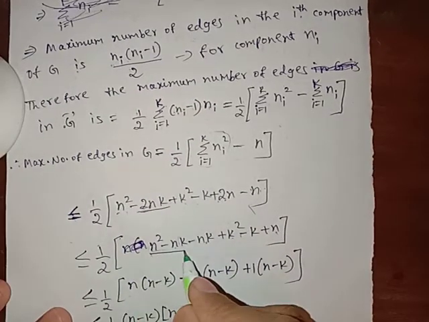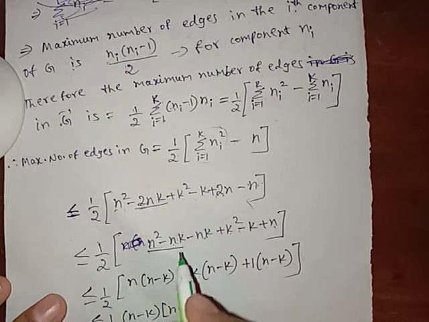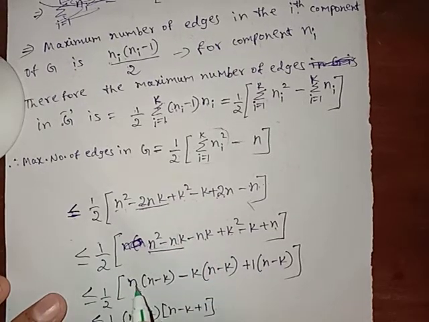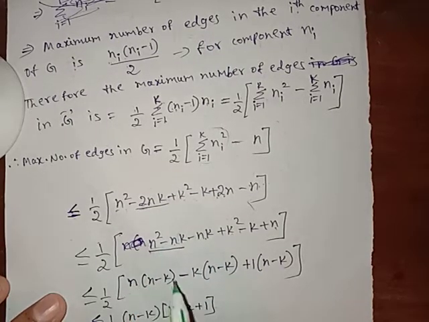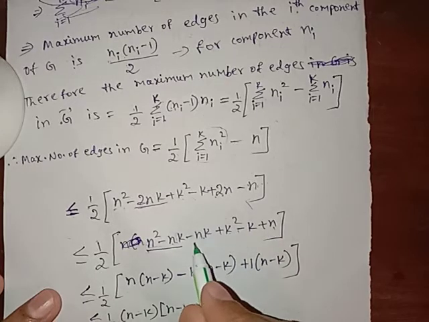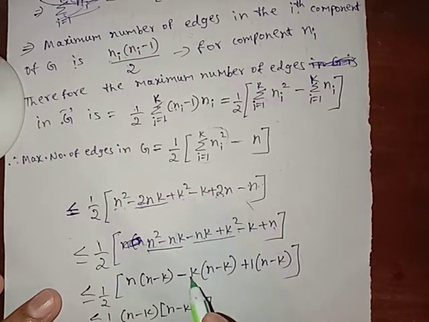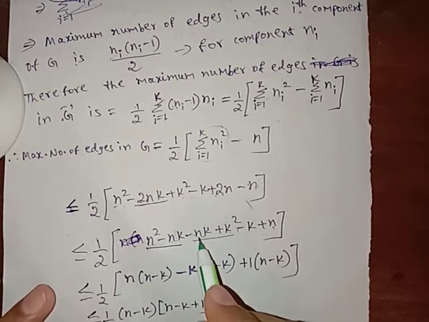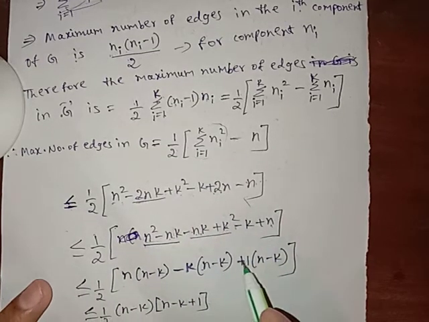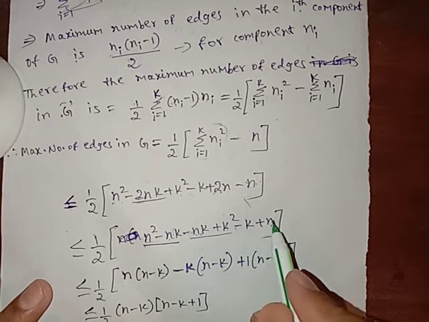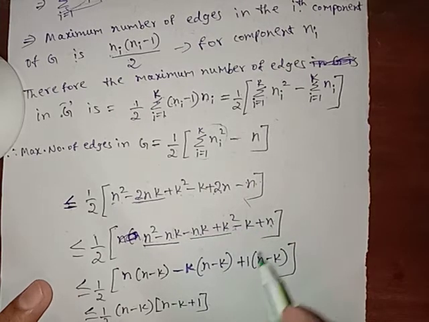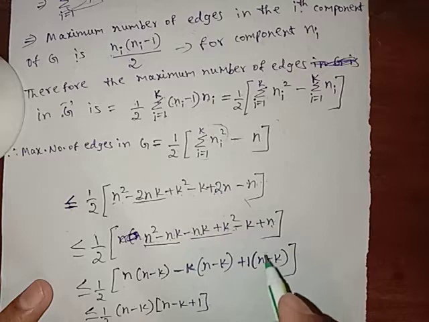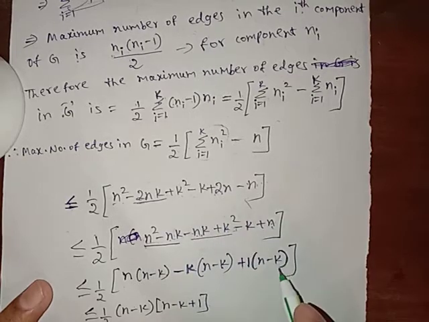Now in this we can take the common term n into n minus k, minus, in this we can take minus k as the common term, then we get n minus k here, plus here we get 1 as a constant.